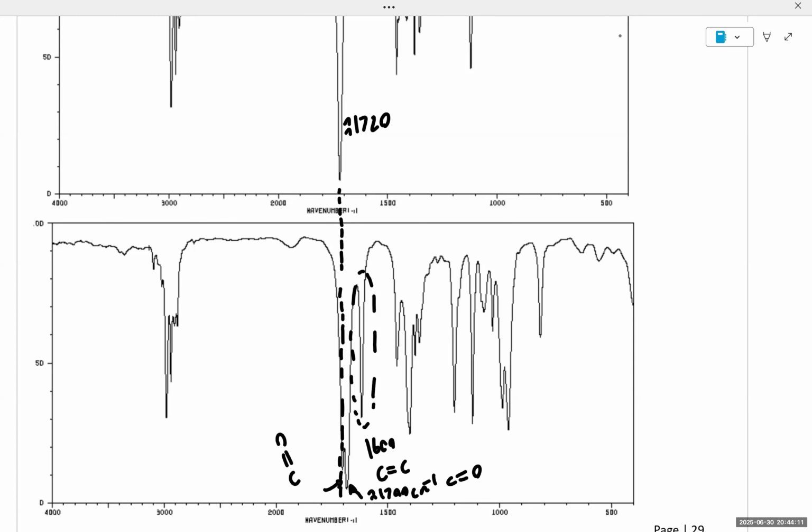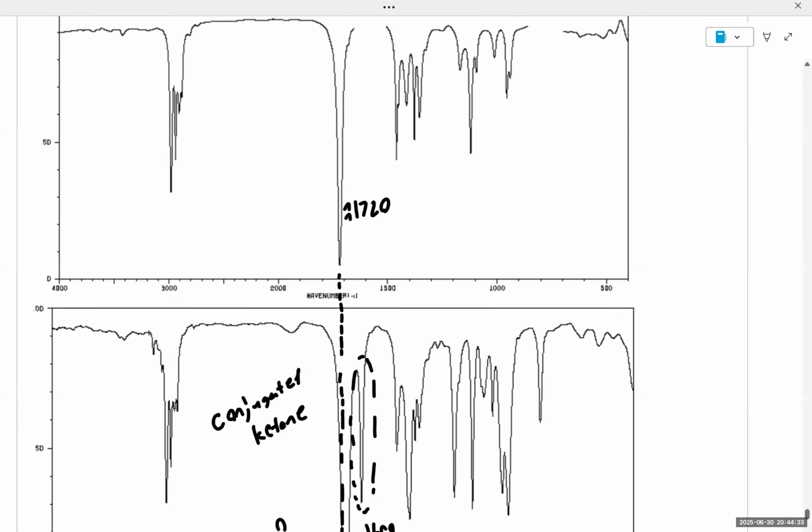So, given these two pieces of information, one, the presence of a CC double bond, which is required for it to be conjugated, and two, the fact that the CO stretching value is lower frequency, this tells me that this spectra matches the conjugated ketone.